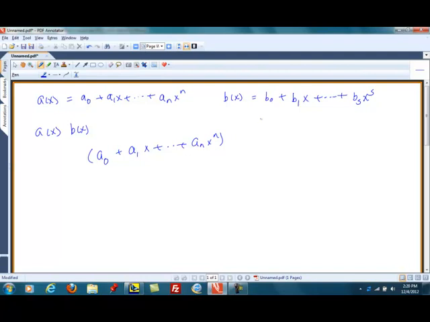What the book is going to do is say, okay, suppose they don't have the same number of terms, then we can put in zeros to fill out the same number of terms.